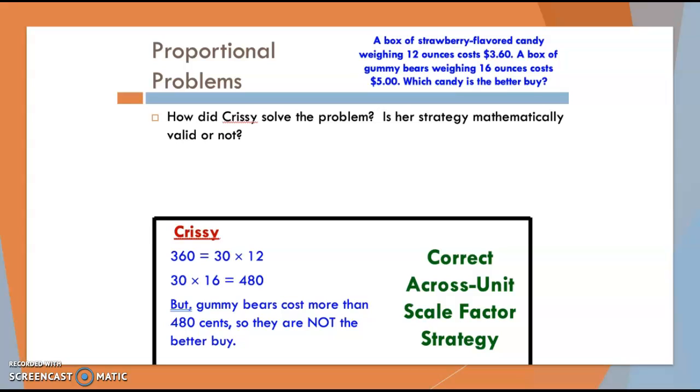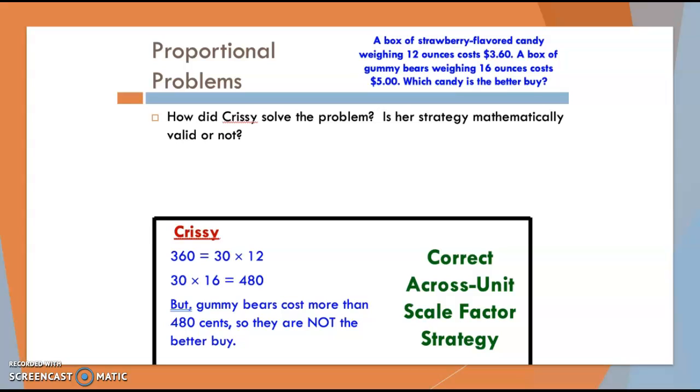Right, so she moved the decimal point on $3.60. And then she said, okay, I've got 12 ounces. So 12 times what equals 360 to find 30? And then she wrote 30 times 16 is 480.